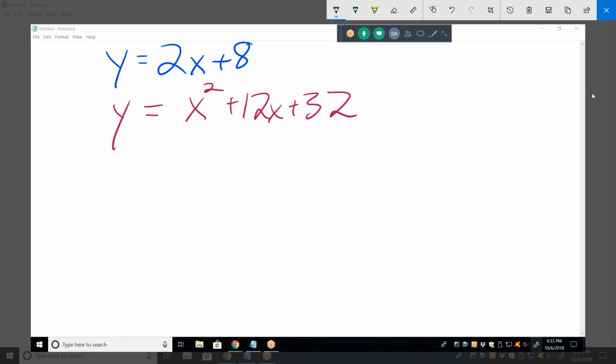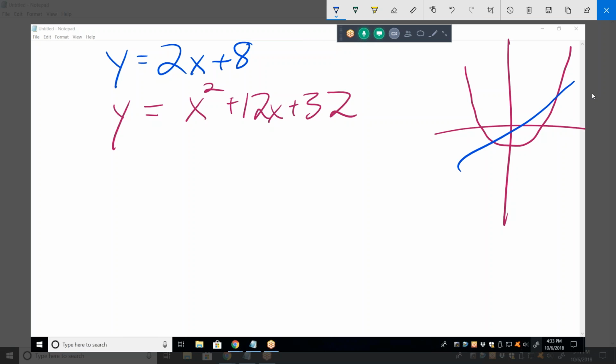Now I don't know if it's helpful or not, but I know quadratics are parabolas, right? So I'm probably looking at something that looks like that. That blue is a straight line, so probably looking at something like that.